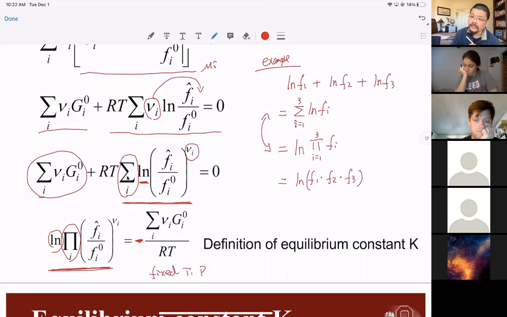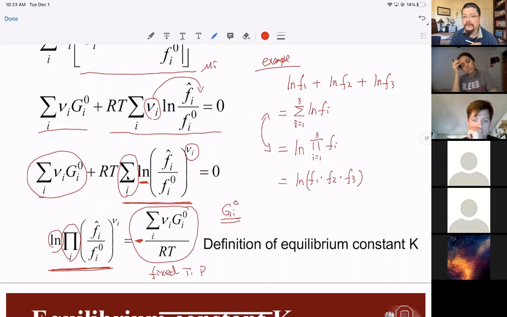If I have the reaction, I know the stoichiometry nu I values. And if I know the reactants and products and I have the appendix, then those Gi naught values I shall also have. So if I have the balanced reaction and the appendix, and I know the temperature, then I know the right-hand side term.